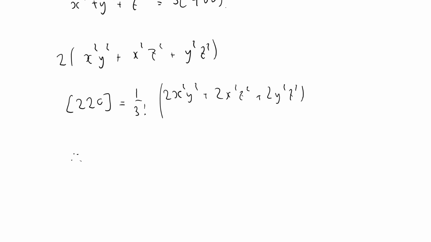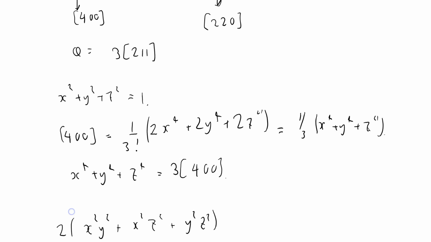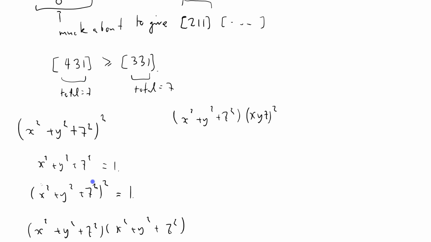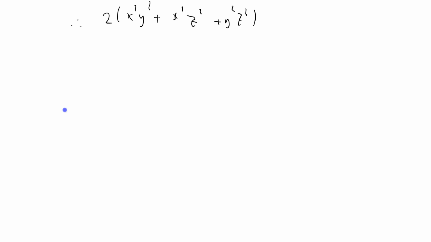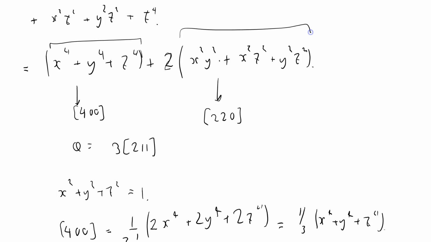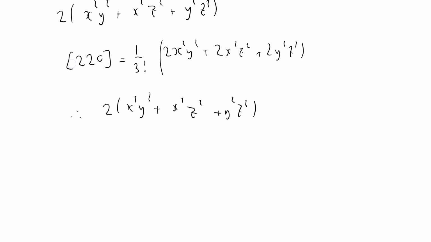Therefore, 2x squared y squared plus x squared z squared plus y squared z squared, which is the term we want from here, getting a bit tangled up here, the term we want from here equals 6 times 220.